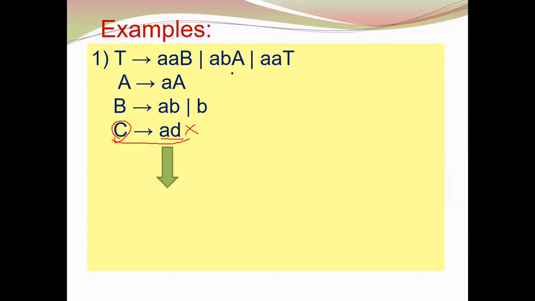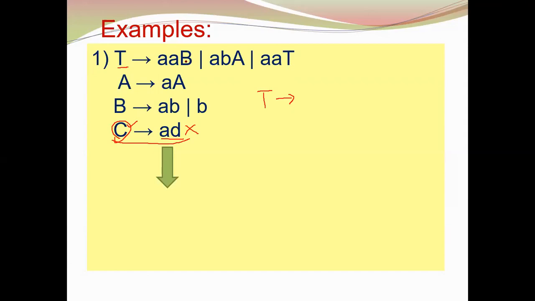We can't, right? My start symbol is T. If you are going to derive something, you have to start with the start symbol. For this start symbol, I have three productions: AAB, ABA, AAT. I can start with any one, right? But where can I substitute this value C? Is it possible to substitute it anywhere? How can we reach this C?